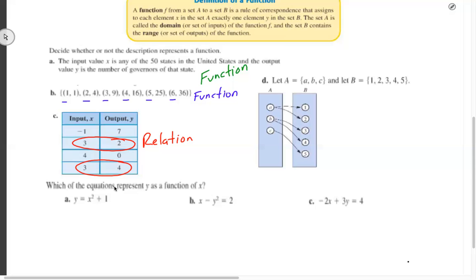All right, let's look at D. Which one of these columns is my input? Is it column A or column B? A. A is your input. Very good. Now, do you guys see how I have 2 lines coming off of A?